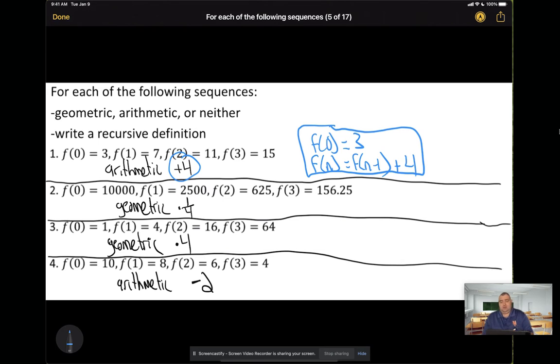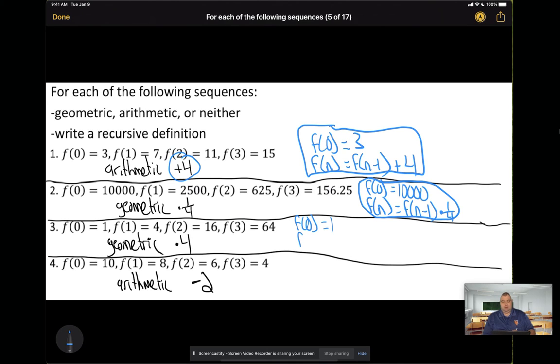Okay. Number 2, my starting term, so my f of 0, is going to be 10,000, because that's our starting term. And then f of n equals f of n minus 1, and our pattern is to multiply by 1/4, so times 1/4. So that is your answer to number 2. Number 3, my f of 0 in this case is going to be 1.